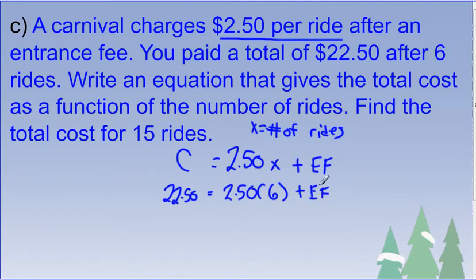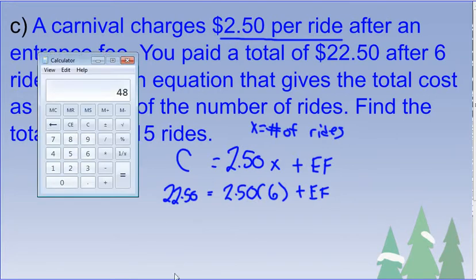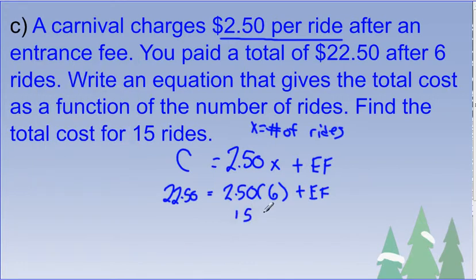Well, what is this missing piece? Well, 6 times $2.50, that's 12 and $3 is like $15. $2.50 times 6 equals $15. And then to solve, we need to minus 15 here, minus 15 there.